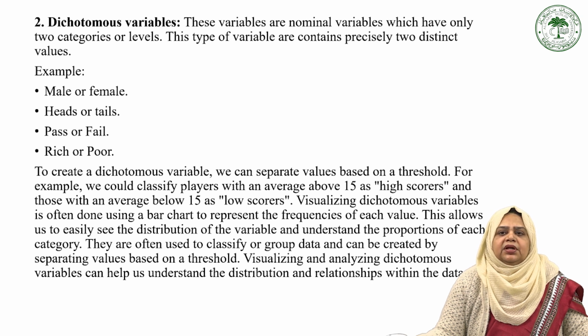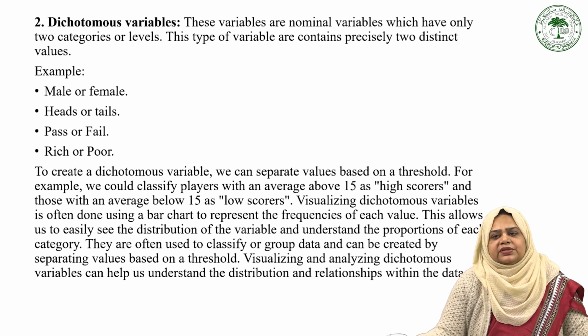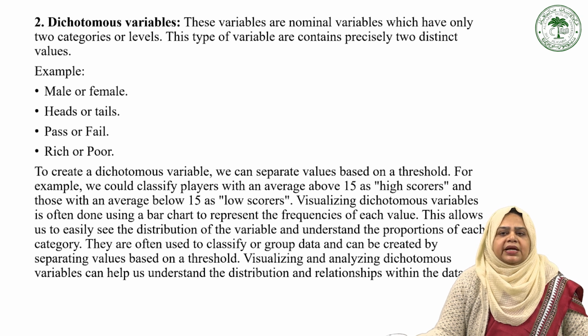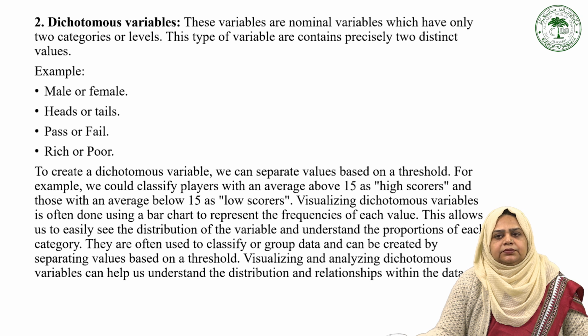For example, we could classify players with an average above 15 as high scorers and those with an average below 15 as low scorers. By using a bar chart, we can visually display the frequencies of each value, which allows us to understand how the variable is distributed and the proportions of each category.